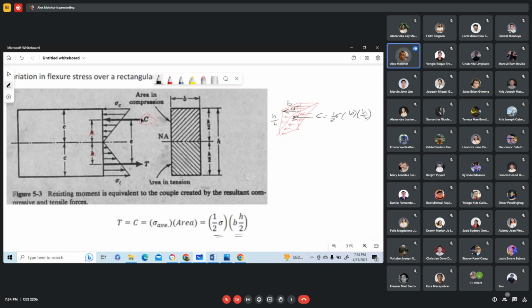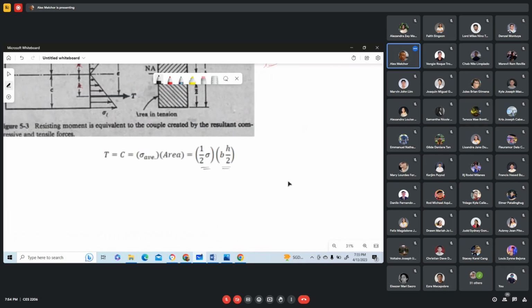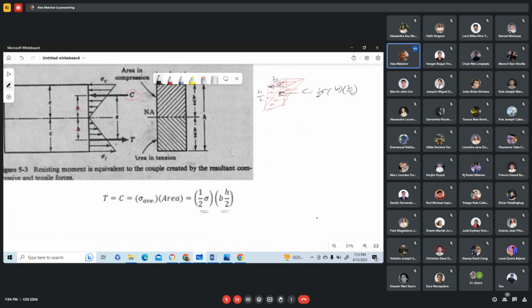And this C is equal to T also, since this is symmetrical. And if this is E, our E here is 2 times this distance. So we have now our moment.